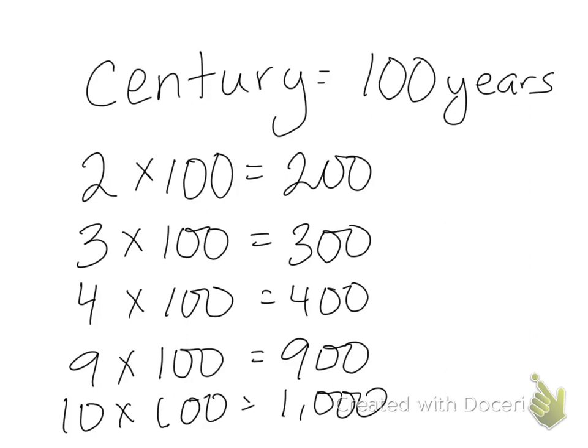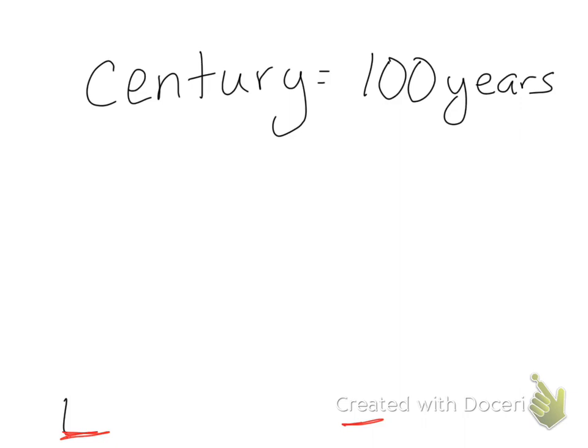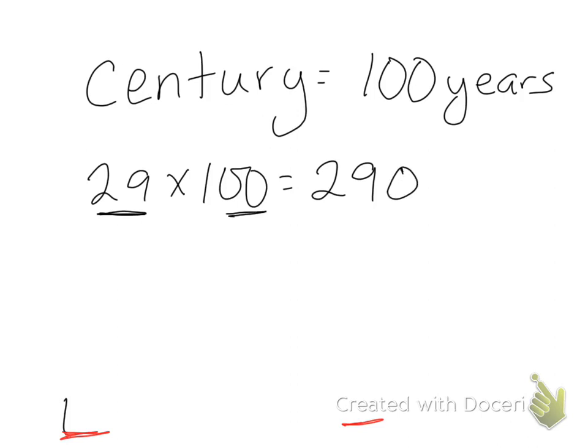Now, if you notice on this one, each of the answers is the number we multiply by with 2 zeros at the end. 2 times 100 is the 2 with 2 zeros at the end. 3, and then 2 zeros at the end. Even the 10, we have a 10 and then 2 zeros at the end. So 29 times 100, well, my answer will be 29, and then I'll put 2 zeros at the end.